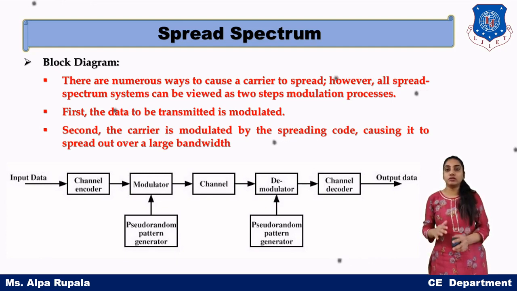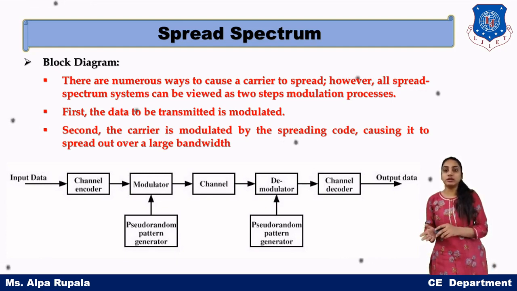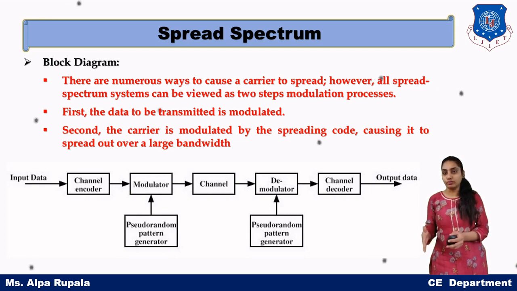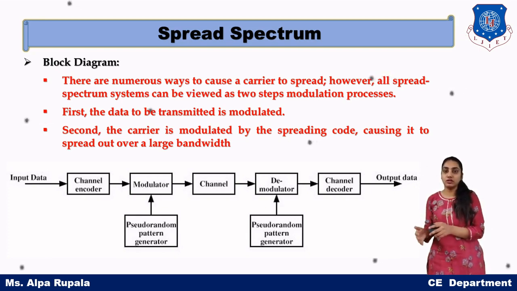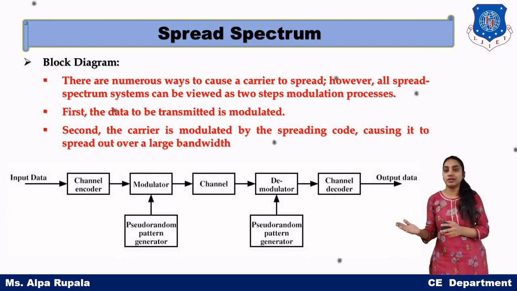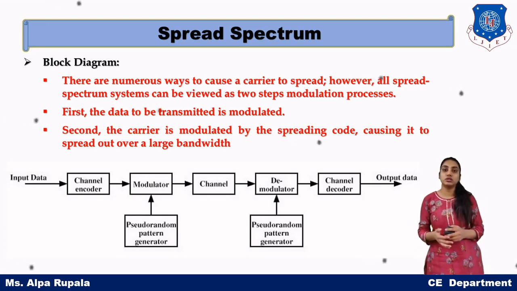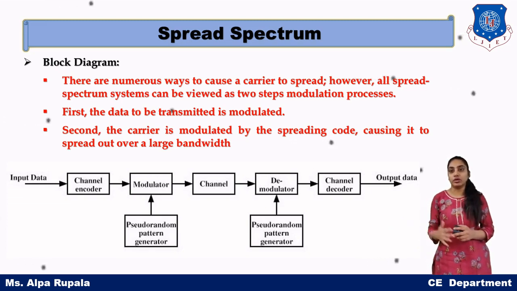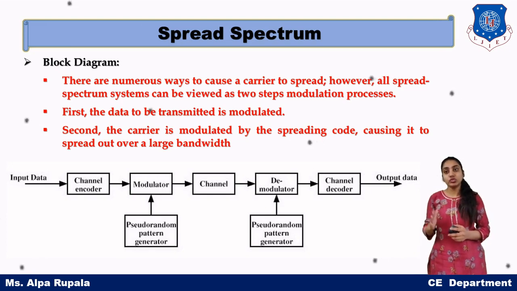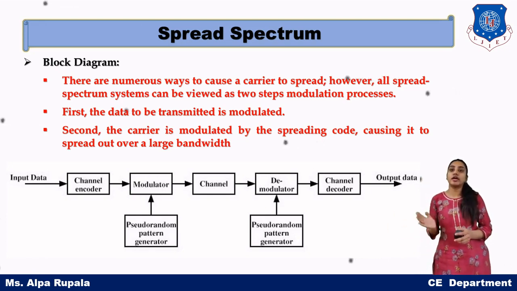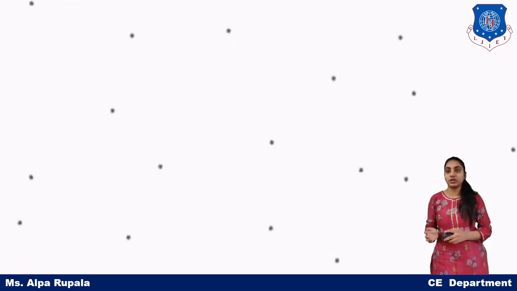Then we give the broadband to narrowband output to the channel decoder, and we can also filter out the data by adding a filter at the end, and then we get our original data. So this is the process or block diagram of spread spectrum.